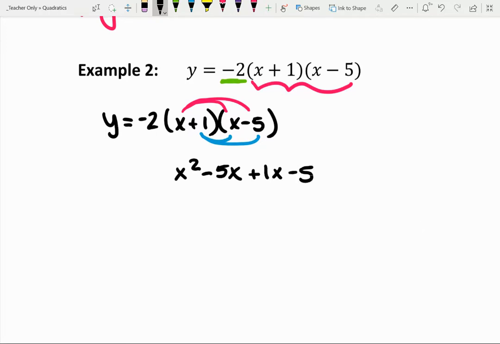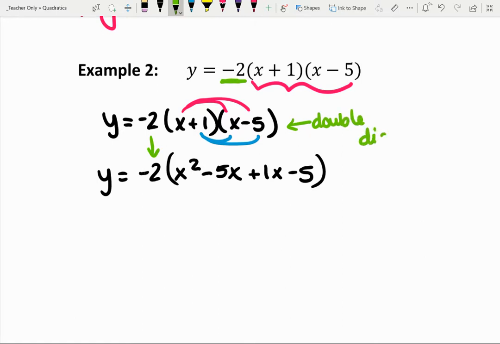All of the work that we just did, I'm going to enclose in its own set of parentheses and put that negative 2 right in front of it because we haven't done anything with it yet. This was the double distribution that we talked about earlier.